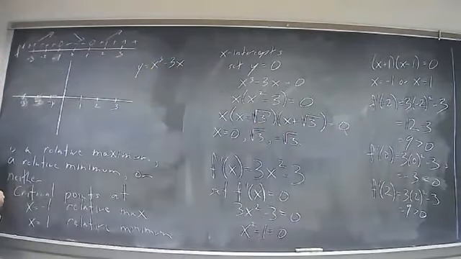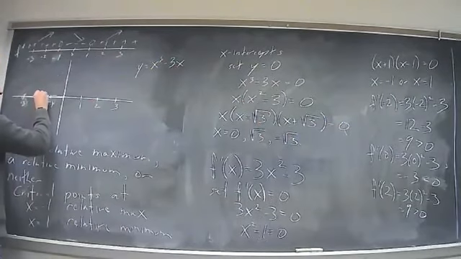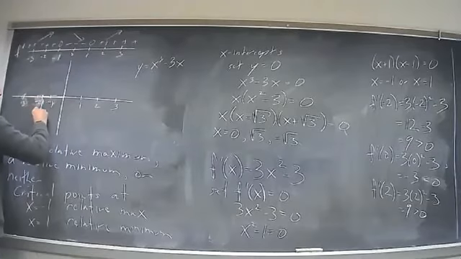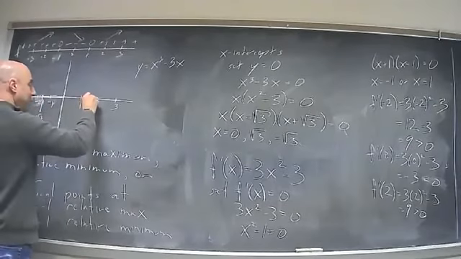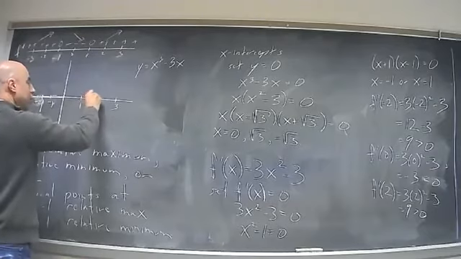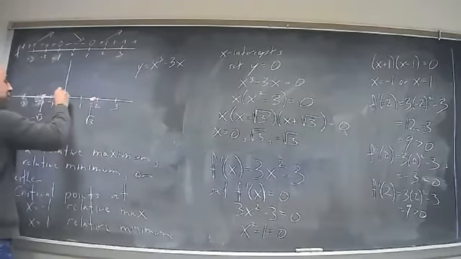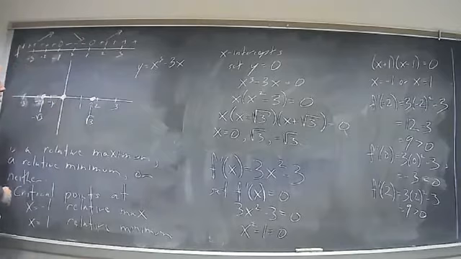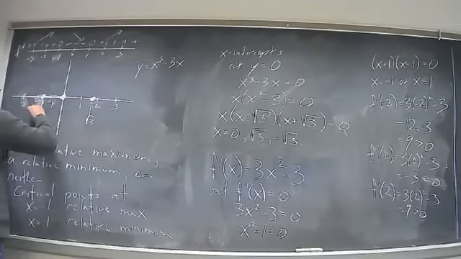So that's where my original curve crosses the x-axis, at minus root 3 and at root 3. So at those 2 points and at 0, the curve crosses the x-axis. So the original curve actually looks a lot like this.